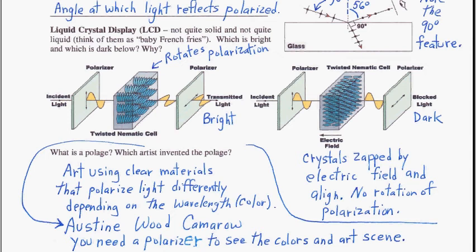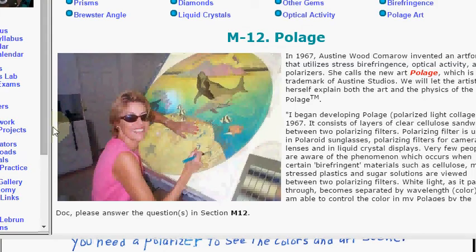The color, for example, different colors will undergo different effects when they go through the birefringent material. And by very cleverly controlling these, she can make something that has color, and then if there's a polarizer that rotates, say in front of this, you basically get the complementary colors when it rotates 90 degrees.